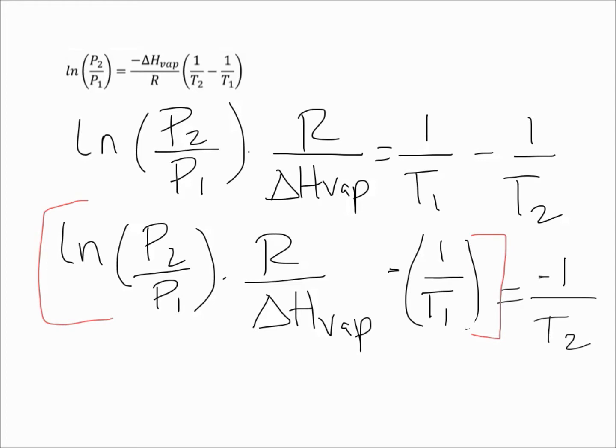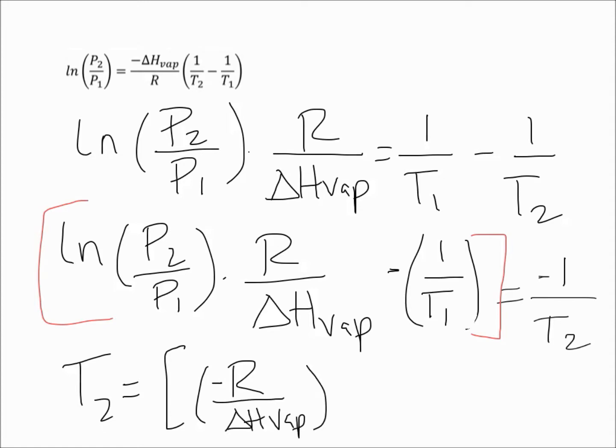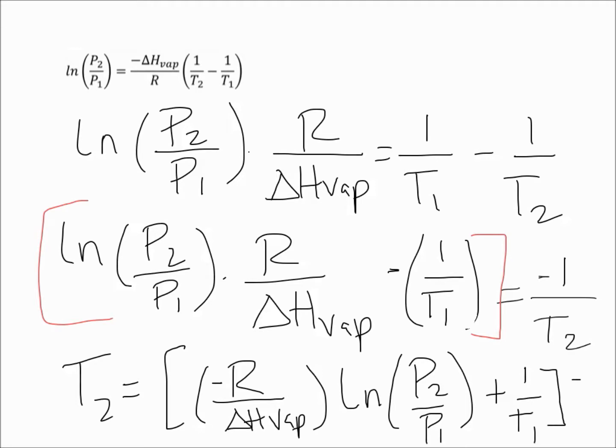So you can just write it in a simple way as T2 is equal to brackets, negative R over the enthalpy of vaporization times the natural logarithm of P2 over P1, plus 1 over T1, to the negative 1, which means it's 1 over all of that.